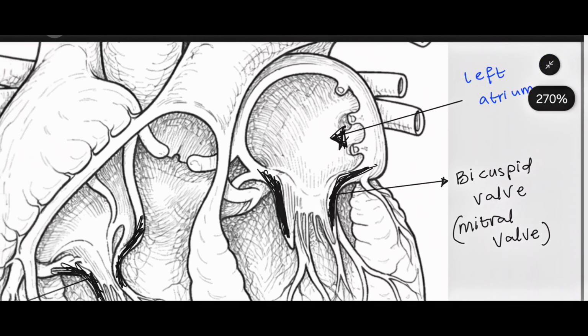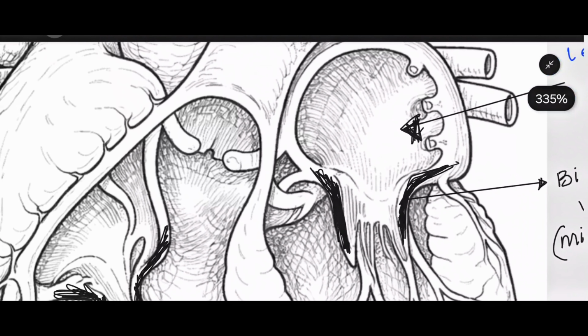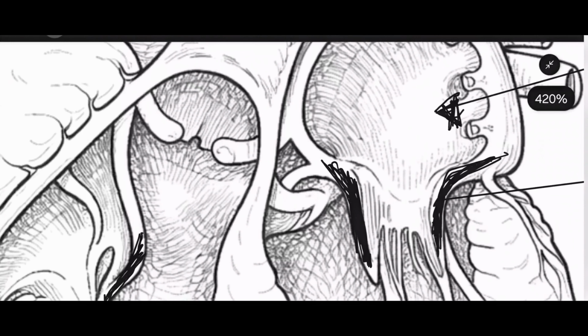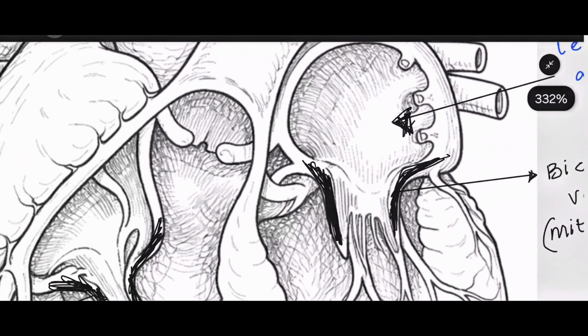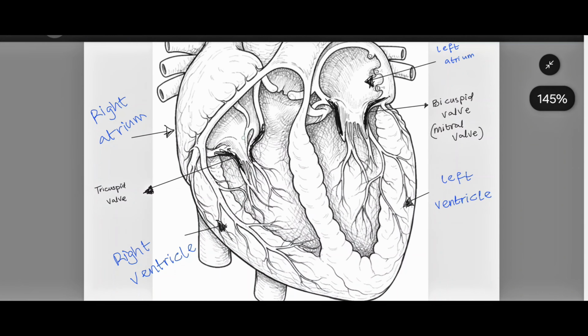And lastly, you need to know about the semilunar valves. Semilunar valves are the valves that lead out of the ventricles. Blood comes in through the atrium and goes out through the ventricles. Same thing on the left side, blood comes in through the atrium and leaves through the ventricle up here.